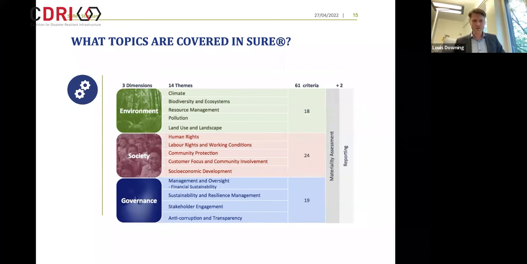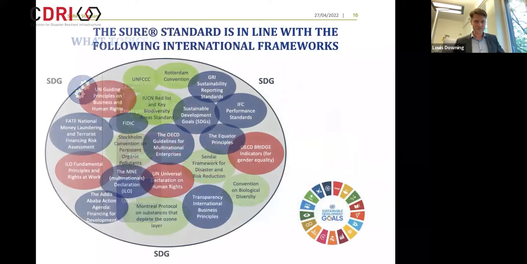All right, so those are the topics covered in SURE. All of those topics and all the contents in SURE are coming from international frameworks and conventions. And this is some of them, some of the conventions that apply at a national level typically, and often are not that well reflected at the infrastructure project level.